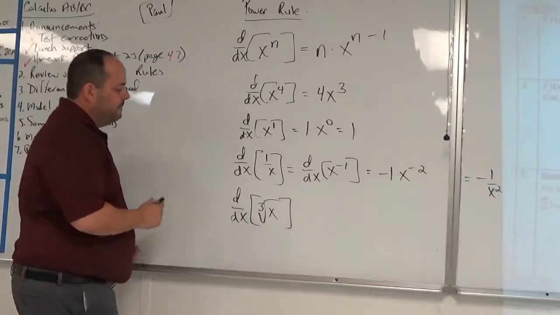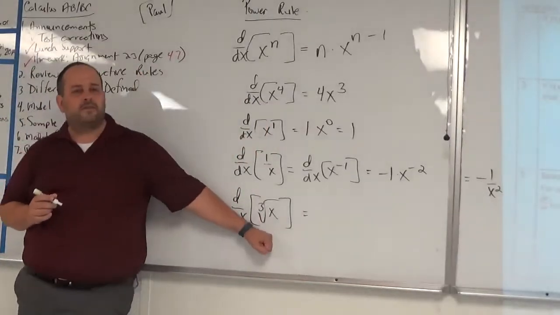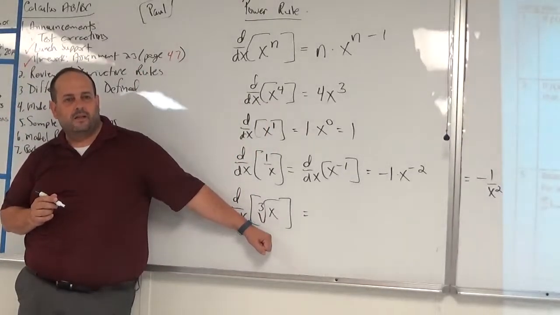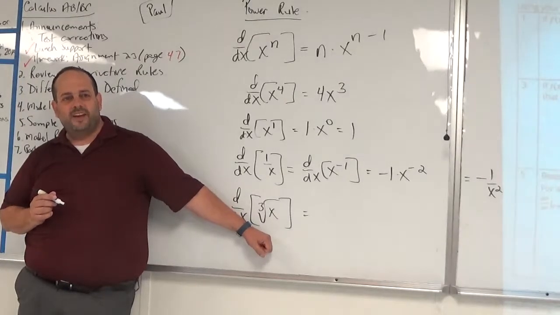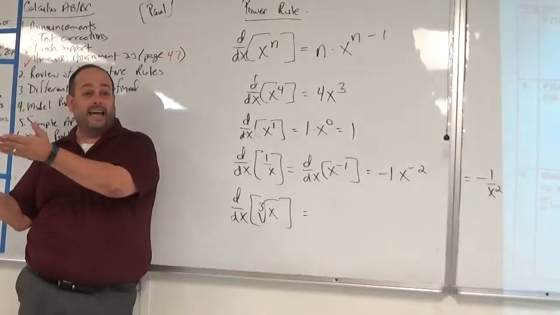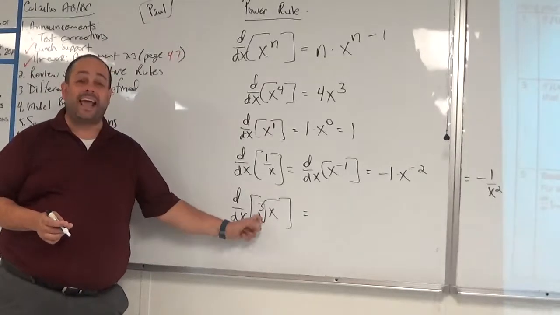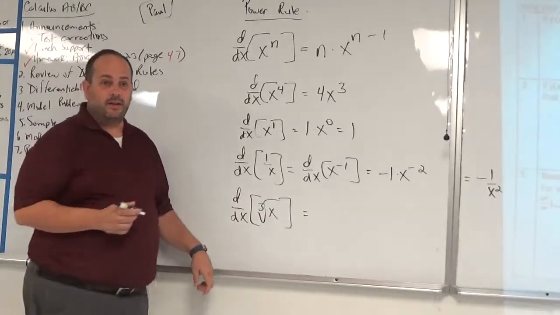How are you going to find the derivative of the cubed root of x? What are you going to do with the exponents here?